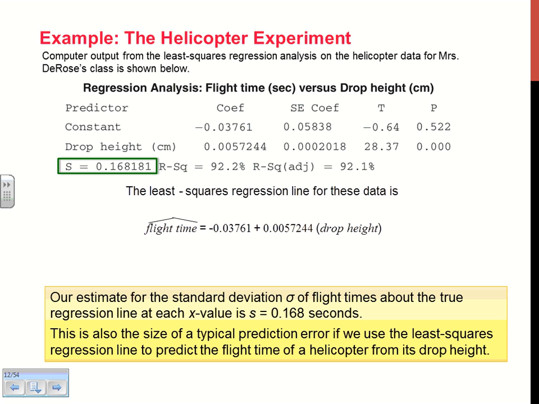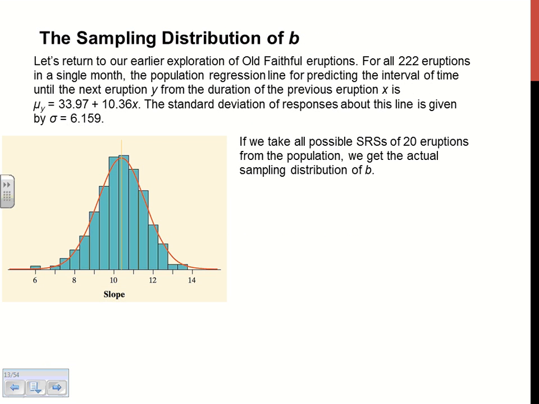So S is the standard deviation of the residuals, and we've talked about that before as well. This is also the size of a typical prediction error if we use the least squares regression line to predict the flight time of a helicopter from its drop height. So now we've got our alpha, our beta, and our sigma approximates, basically.